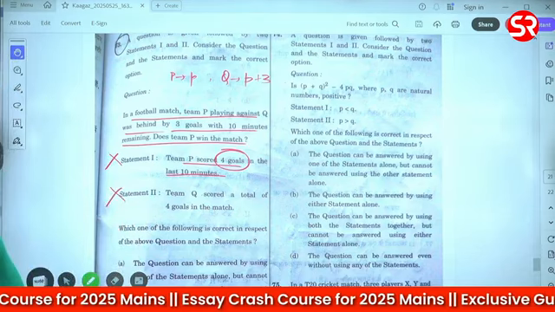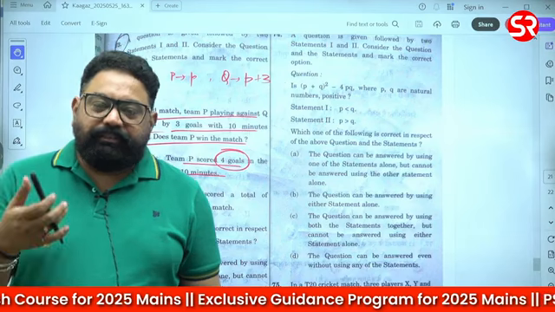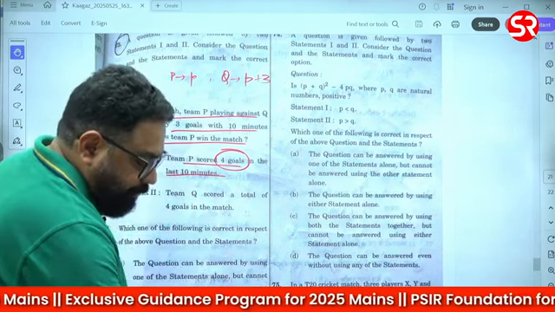Second, team Q scored a total of 4 goals in the match. The second statement alone is not the way we do our data sufficiency problems, right?